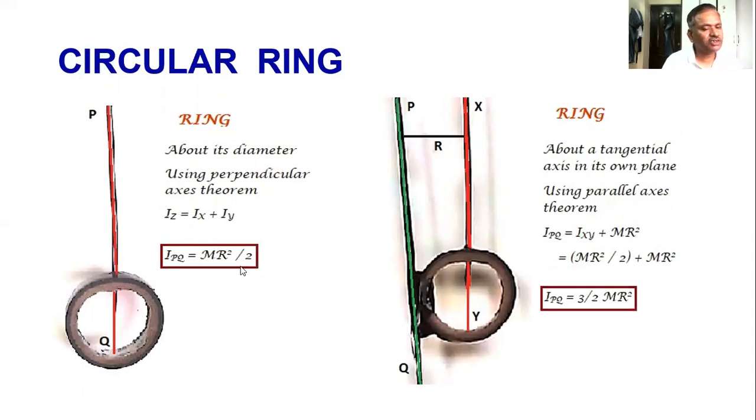It is mr square by 2. And what is the formula for the tangent? For the tangent it is 3 by 2 mr square. I'm using this idea.